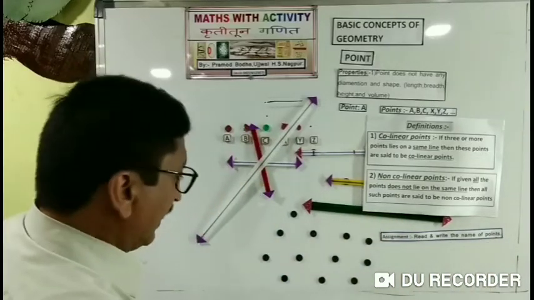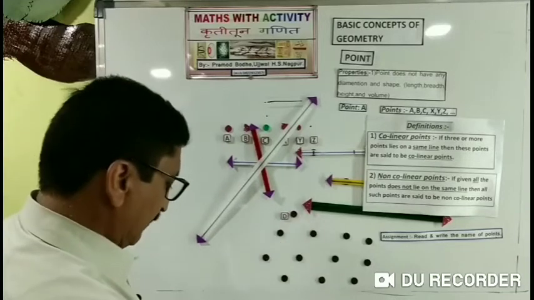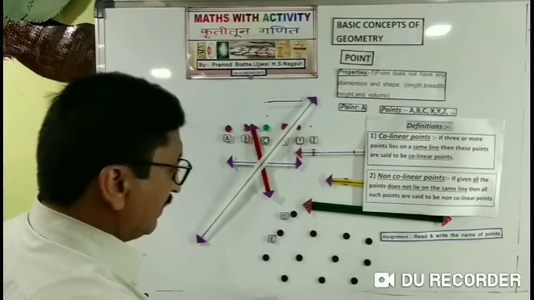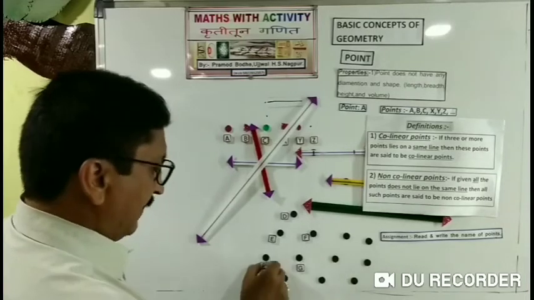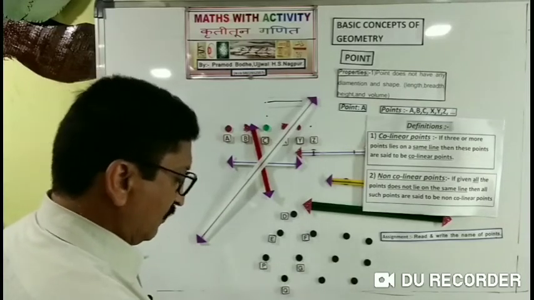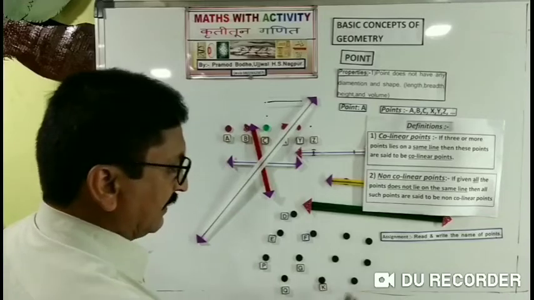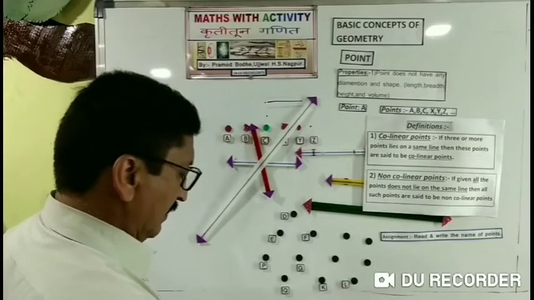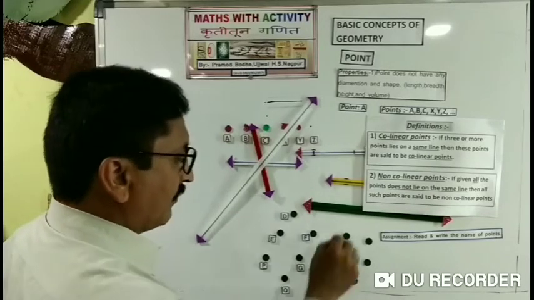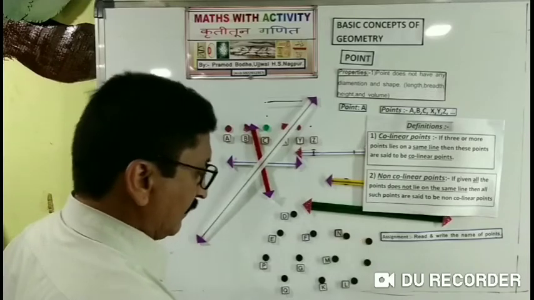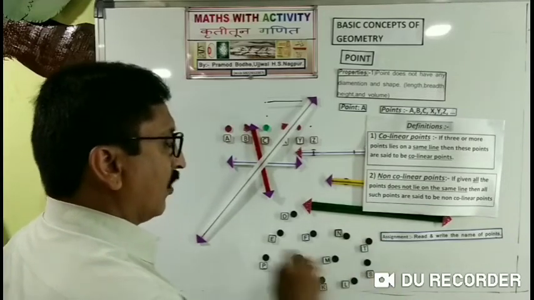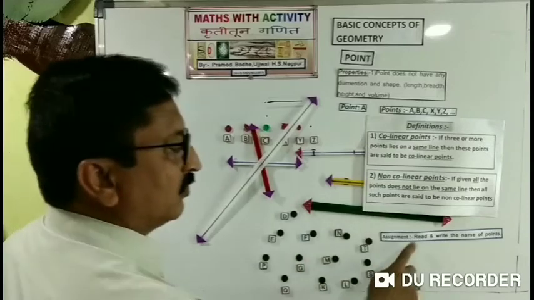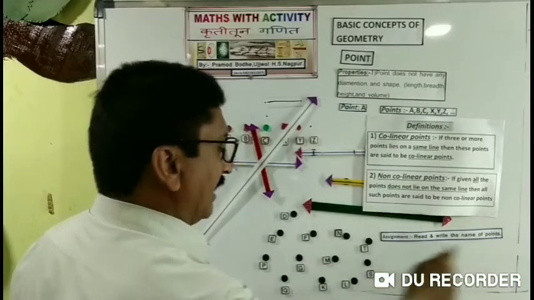Let us give names to the points. Suppose this first point is D, this is E, this is F, this is G, this is P, this is Q, this is point K, this is point L, this is M, N, and there is T and the point S. From all these points you have to read and write the names of the points.